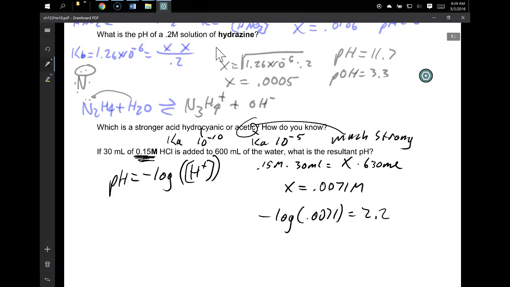That wasn't on our little list. Like gastric juices, Coca-Cola, tomatoes. It's like soda. This would be a little more acidic than soda. Soda was around 2.5. So yeah, so about Coke, something like that. Okay.